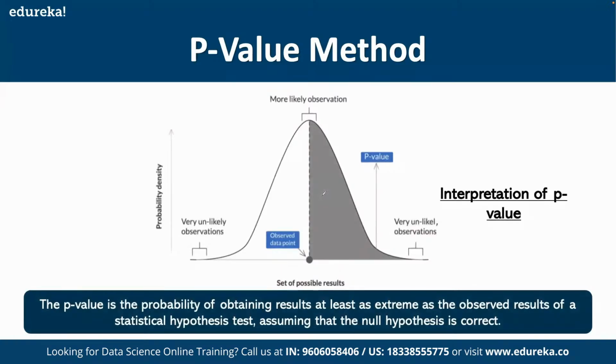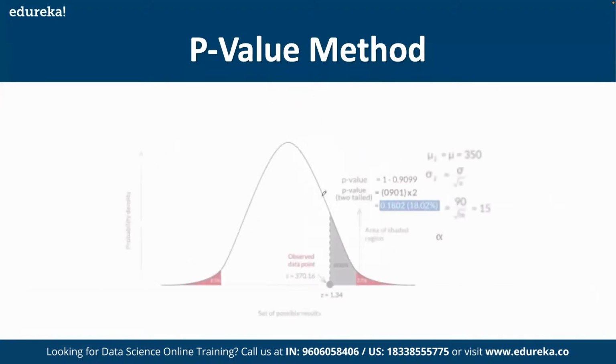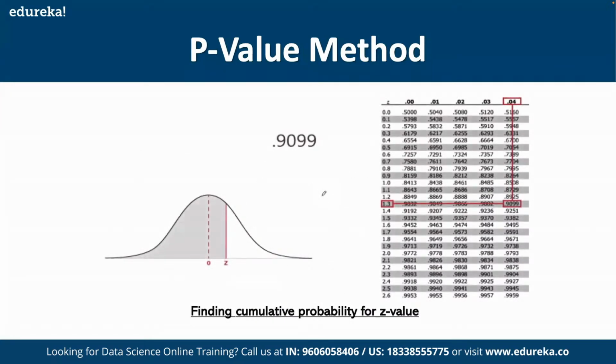This p-value describes the probability of obtaining a result at least as extreme as the observed result of a statistical hypothesis test, assuming that my null hypothesis is true. With this, we'll get the value of p, and on the basis of the p-value, we are going to interpret whether it follows the null hypothesis or the alternate hypothesis.